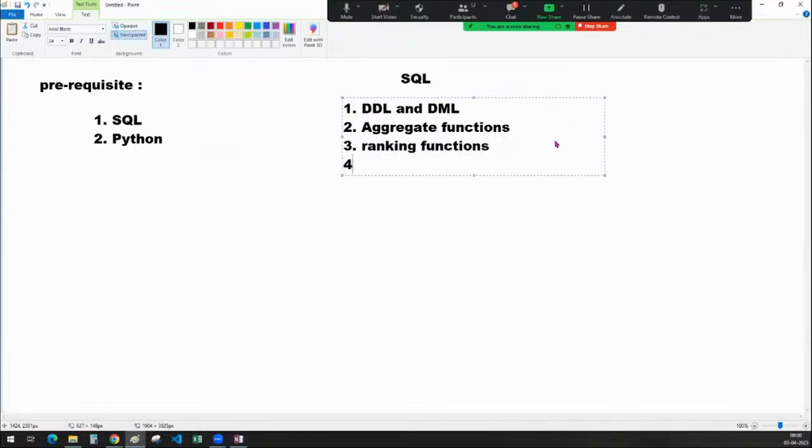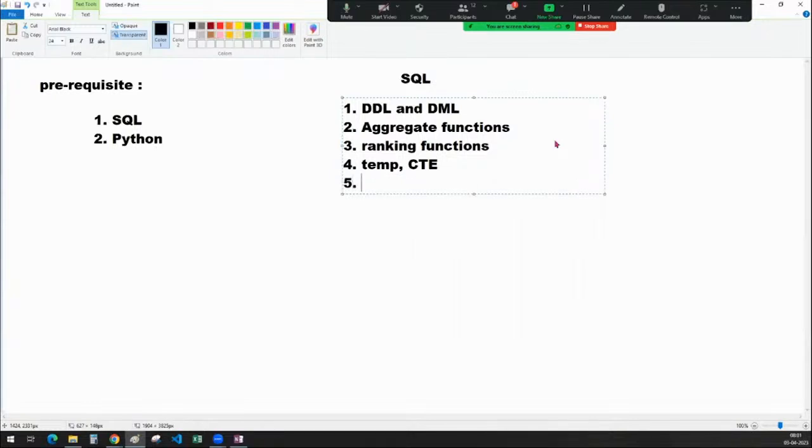The fourth thing is temp tables. There are local temp tables and global temp tables, and also common table expressions, CTEs. We focus on those as well.